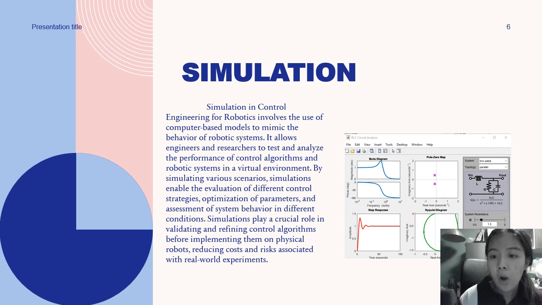The simulation in control engineering of robotics uses computer-based modeling to mimic the behavior of the robotic system, which engineering researchers then analyze. In short, the simulation shows the input result, the output result, what you want, the stages, and the optimization of the parameters. Simulation plays a crucial role in validating and refining control algorithms. Compared with physical robots, it reduces the cost and risk associated with real-world experiments.